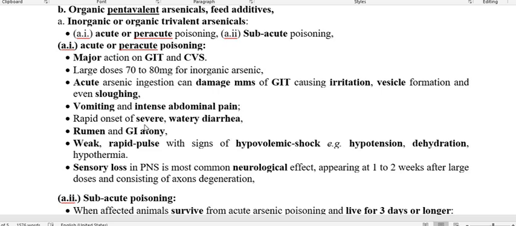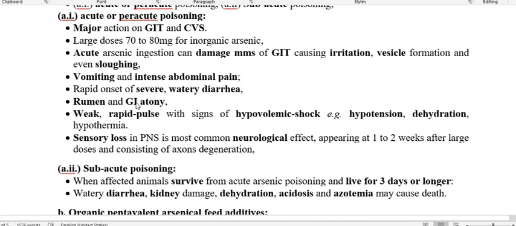Because of the capillary dilatation, watery fluid is exuded into the GI tract, and because of the irritation this produces watery and severe diarrhea. Later on the GI tract has no tone.